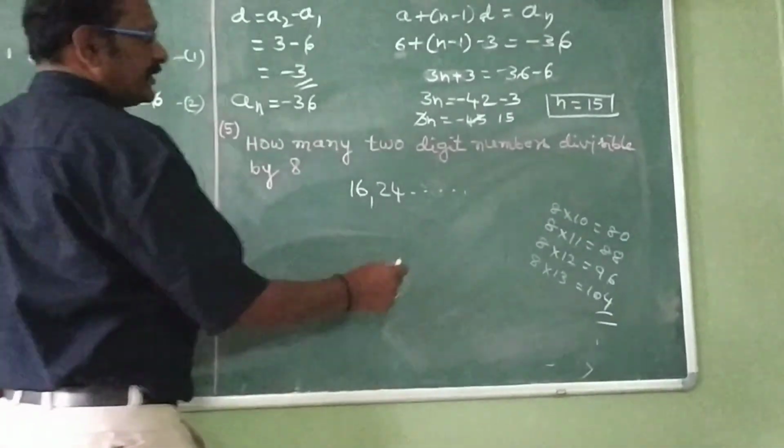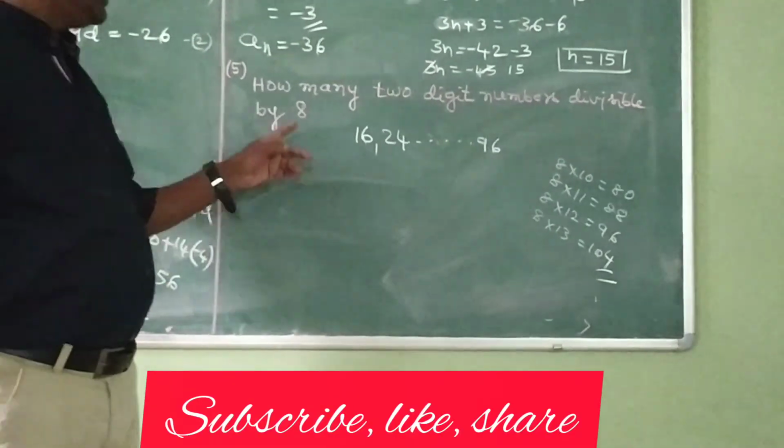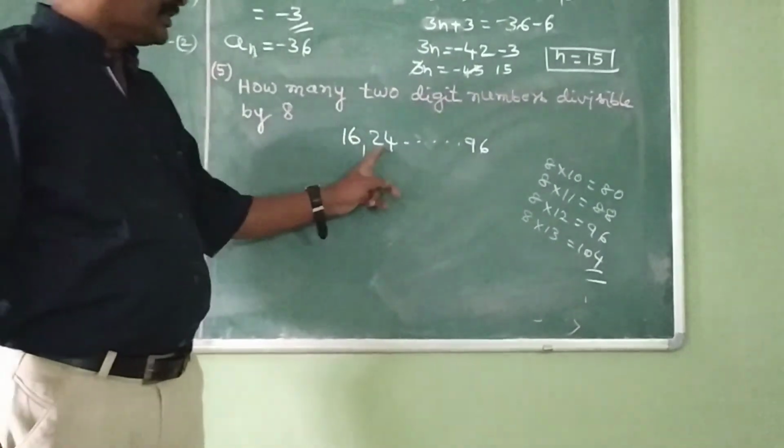So 96 is the last 2-digit number divisible by 8.